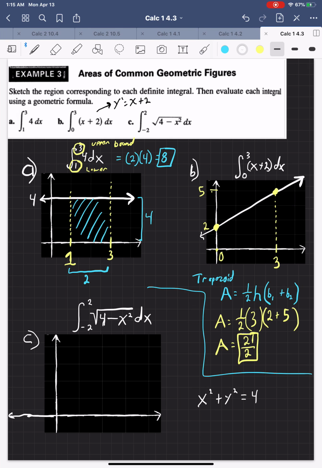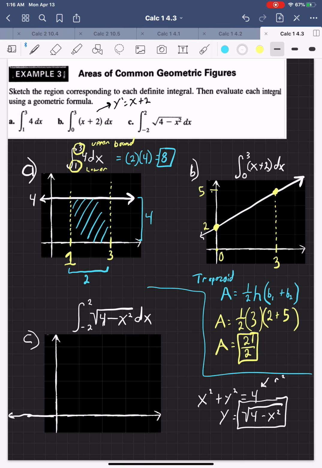When you solved for y, notice that we only took the principal square root, or the positive version of the square roots. That's all we have is the positive version. That would be the top half of that circle. And the radius here, this is the radius squared. So the radius squared is 4, so that would mean the radius is what? The radius would be 2.